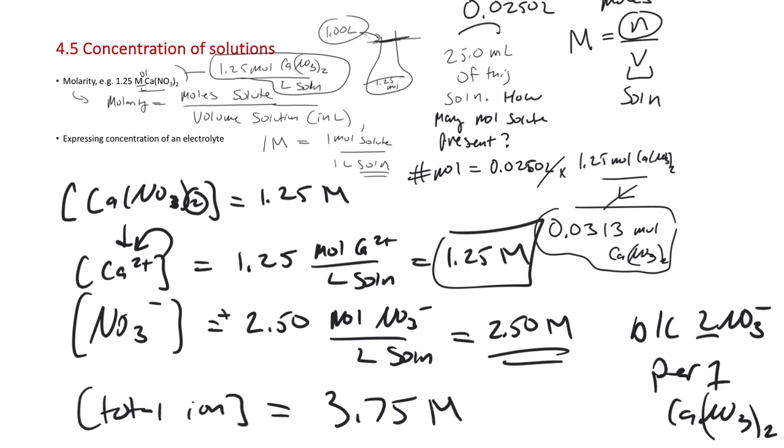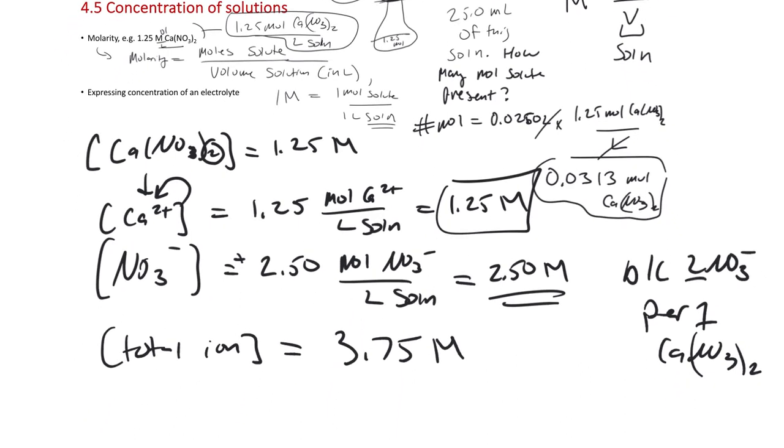This goes back to electrolytic behavior. If you think of electrolytic behavior, the more ions, the more electrolytic. Let's say we're comparing this with a 1.25 molar KCl solution, where you have K+ and Cl-.